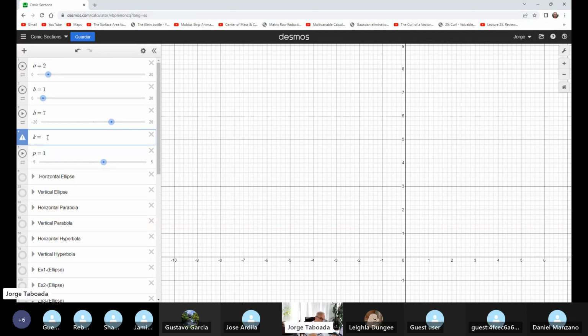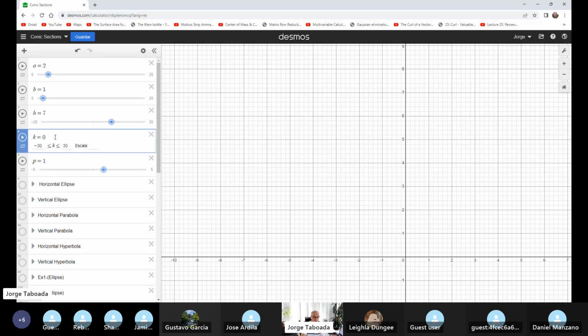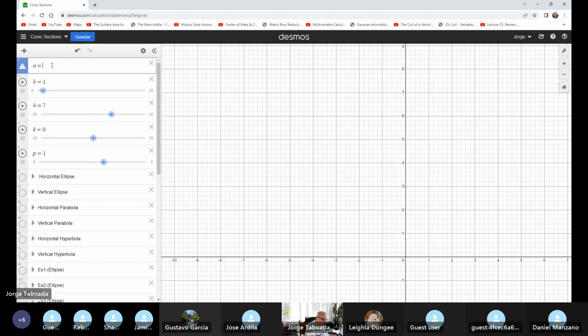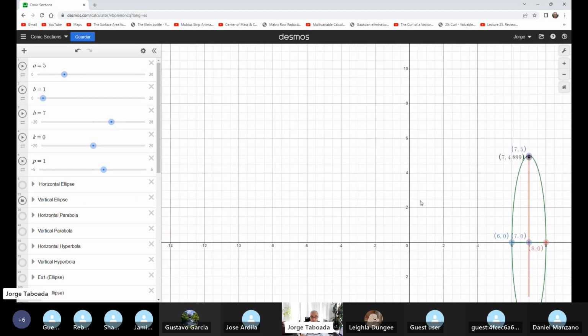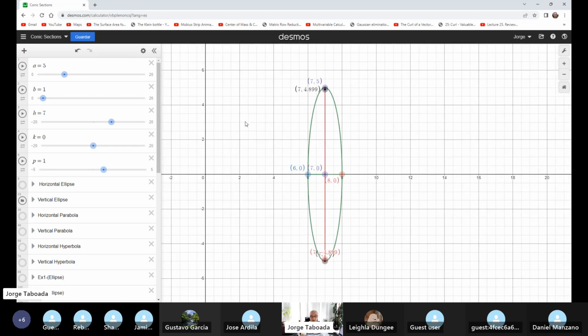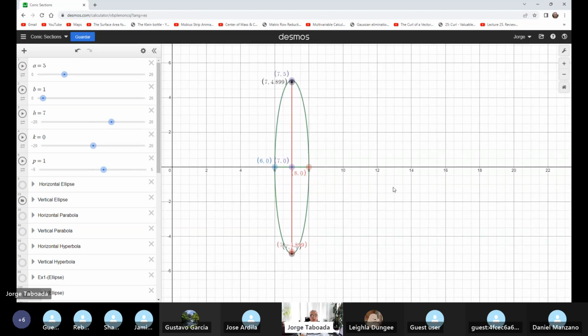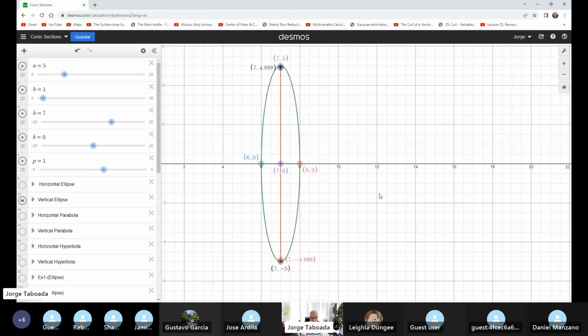No displacement in that direction. a is 5. And b is 1. Cool. And we are talking about the vertical ellipse, no? Vertical. Look at that. Super nice. Center at 7,0.